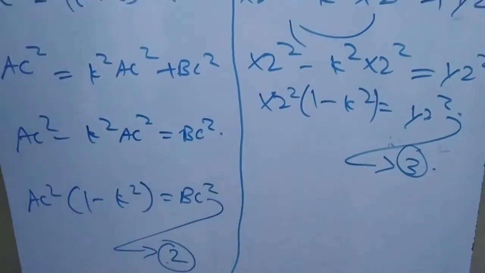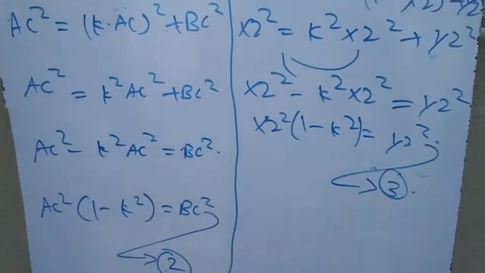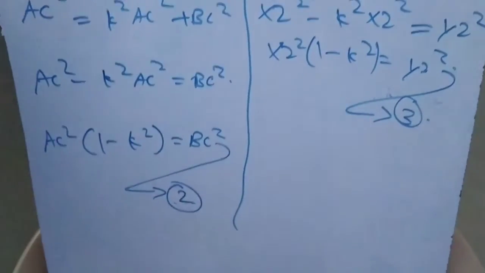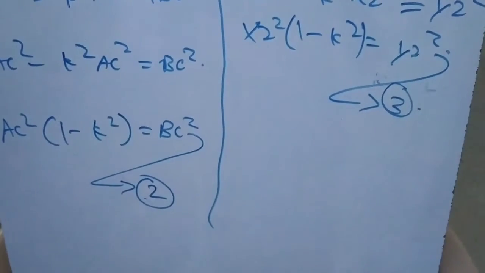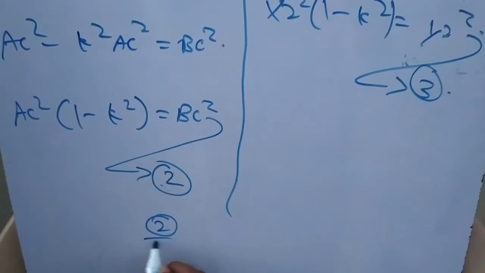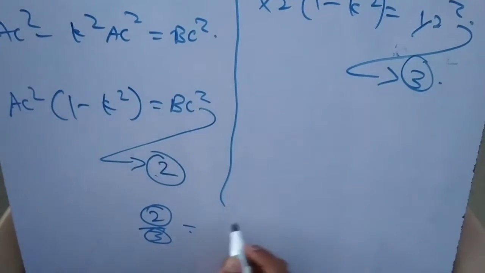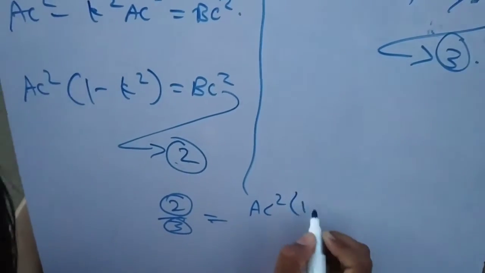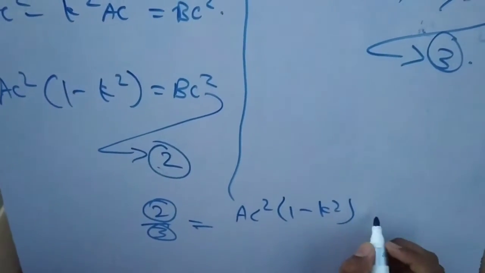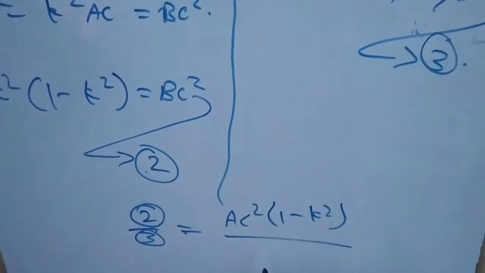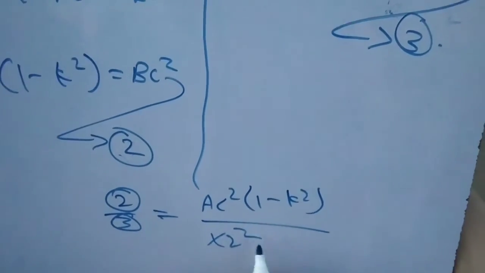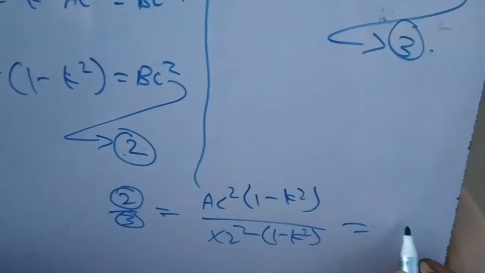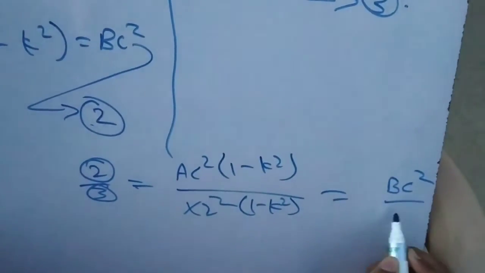Okay, so let's do 2 by 3. 2 by 3 is equal to AC square of 1 minus K square by XZ square of 1 minus K square is equal to BC square by YZ square.